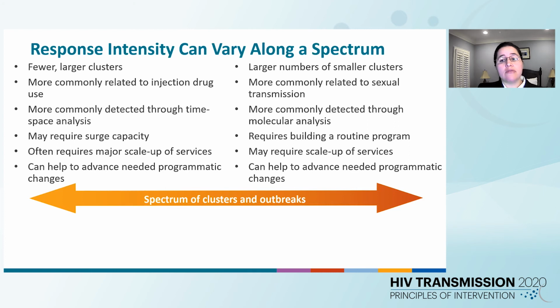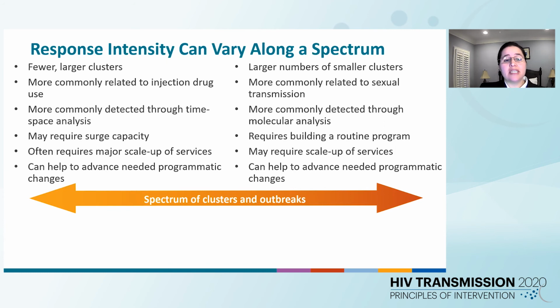These are more commonly, though not exclusively, related to injection drug use and more commonly detected through time-space analysis. Responding to these clusters requires surge capacity and often requires major scale-up of services, which can help to advance needed programmatic changes. On the other hand, there are a larger number of smaller clusters.